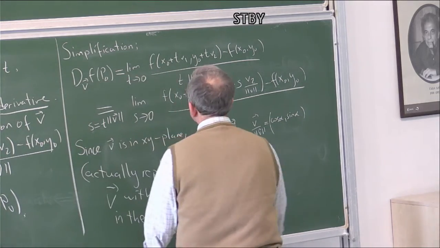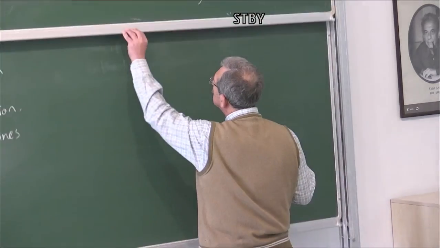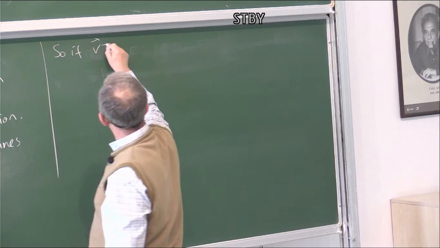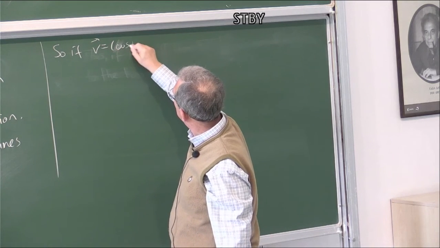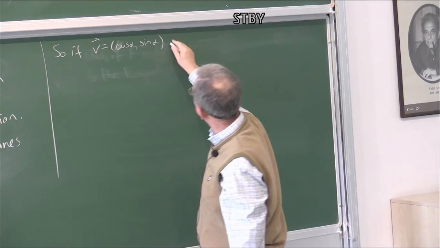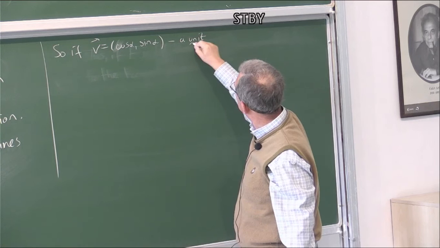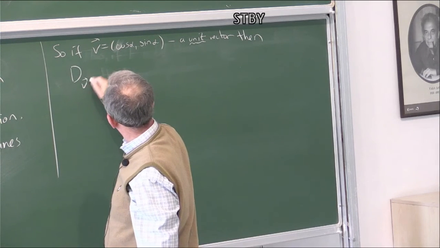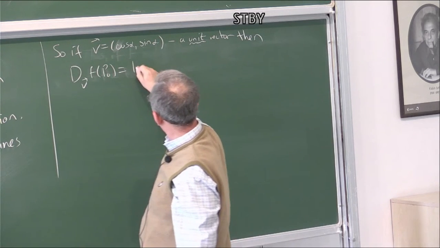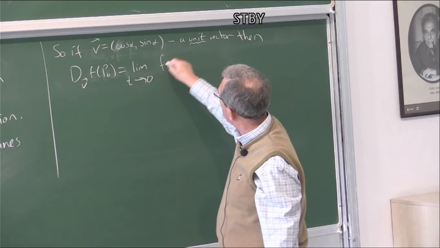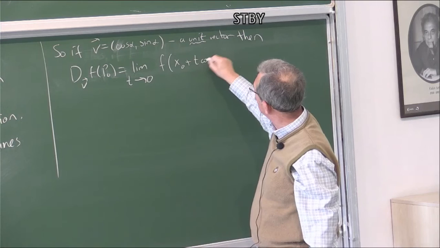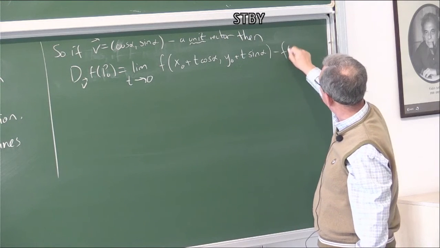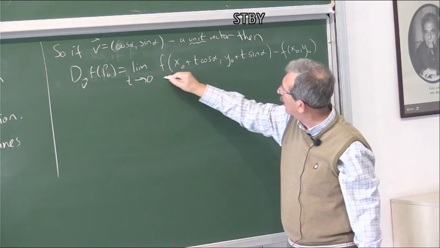Okay. So the formulation becomes: if V is cosine alpha, sine alpha, that is a unit vector, then dv f at p0 is just the limit as t goes to 0 of f of x0 plus t cosine alpha, y0 plus t sine alpha, minus f of x0 y0, divided by t.